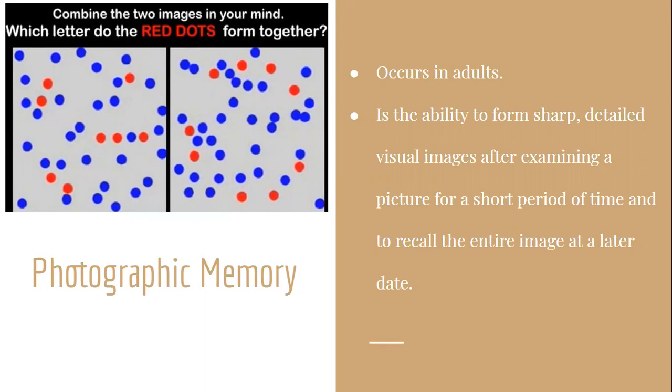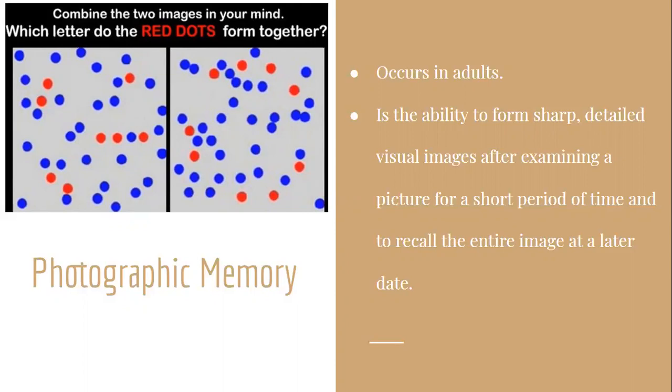So you may, for instance, read a book, and about 2 months after, you remember exactly the details that you read in the book. That's what photographic memory is. You take a picture of an image or a story, right?